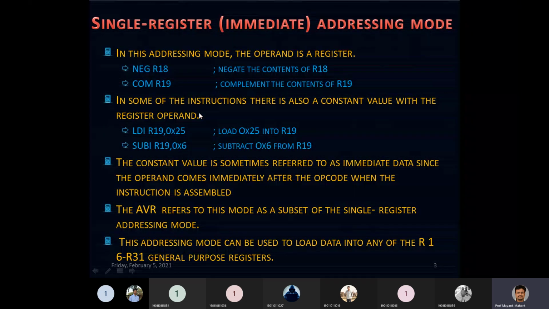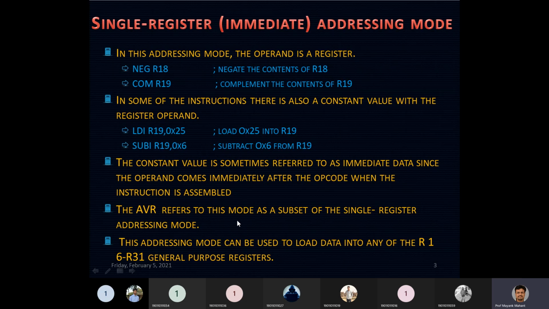This is the immediate value which would be subtracted from your R18. The constant value is sometimes referred to as immediate data since the operand comes immediately after the opcode when the instruction is assembled. So when this particular instruction is assembled, this value comes immediately after the opcode, so that's why we can call it an immediate value.